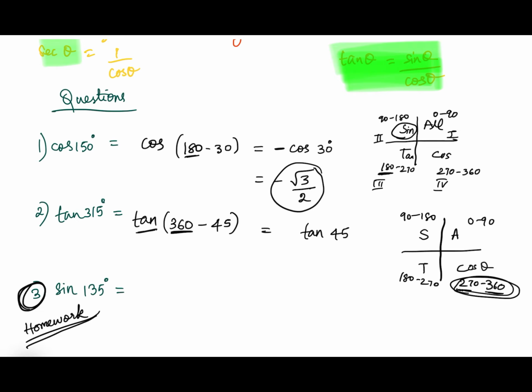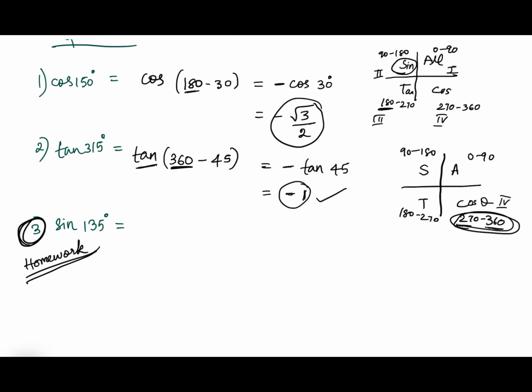It will lie over here. Am I right? So, in this quadrant, if you see cos theta is positive, tan theta is not positive in the fourth quadrant. So, we are putting a negative sign. What is tan 45? Tan 45 is actually 1. Tan 315 is minus 1. This answer is correct.